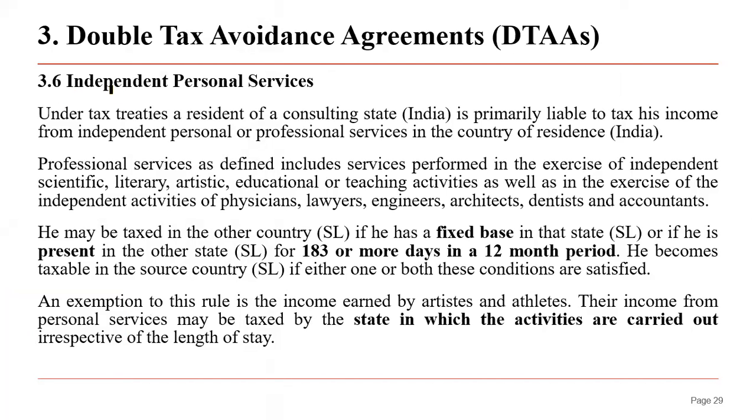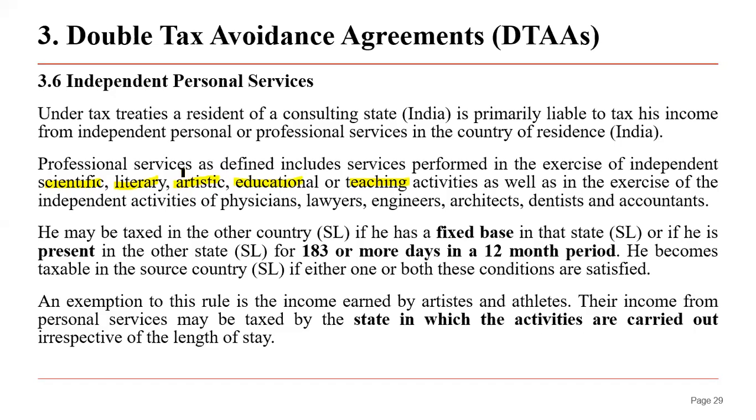They are not attached to any company. They are coming under their individual capacity. He might be an engineer in his own capacity, a lawyer, or in athletic, educational, or teaching activities. They are coming and doing literary and scientific work.